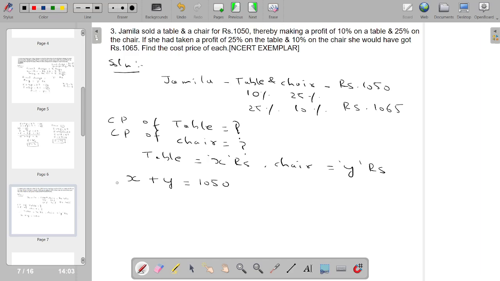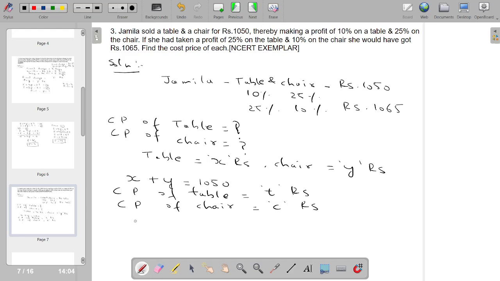Let's say the cost price of the table is T rupees, and the cost price of the chair is C rupees. I wrote the wrong spelling earlier.